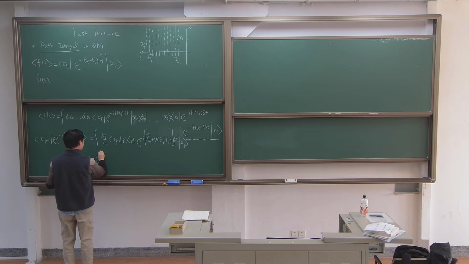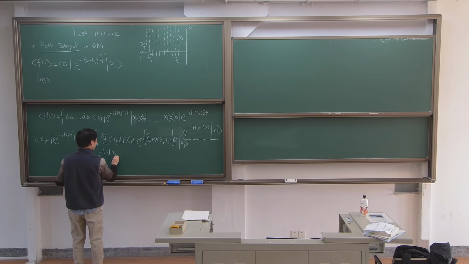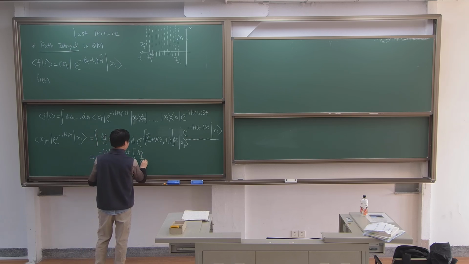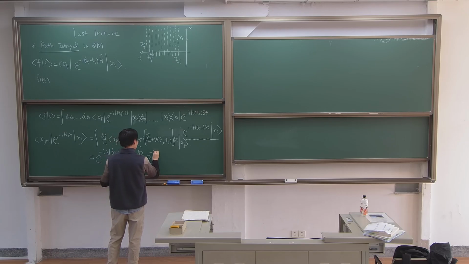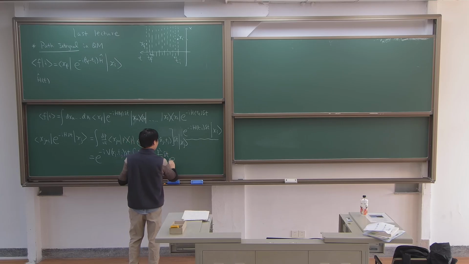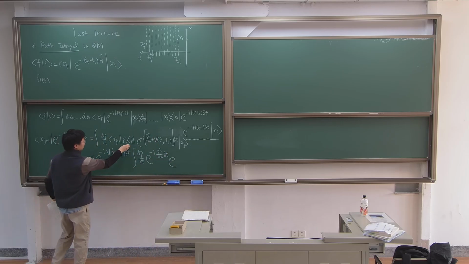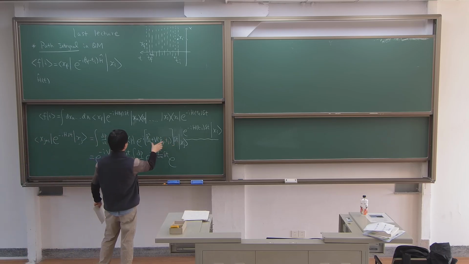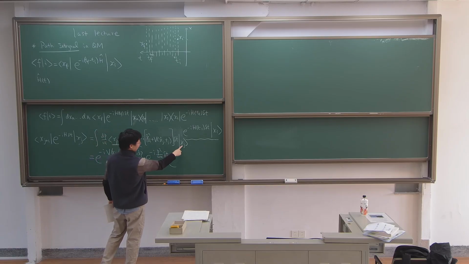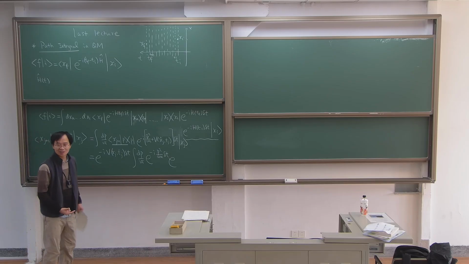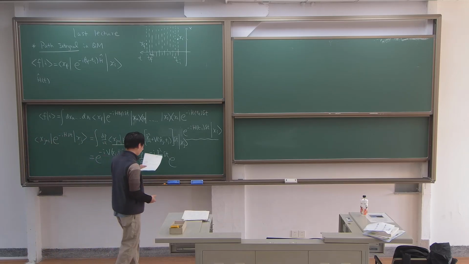So what I get is e to the minus i V of xj, tj, delta t, times the integral over p of e to the minus i p squared over 2m, and now I have something like this, x overlap with p. Now all this becomes a number passing through this state. Now I will have a p overlap with another xj. But we do know this overlap, x overlap with p. We know this is nothing but e to the i p x.